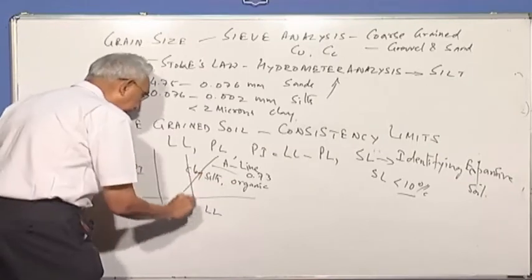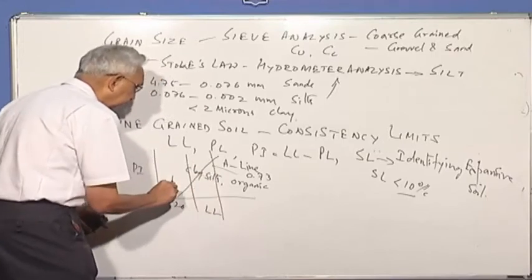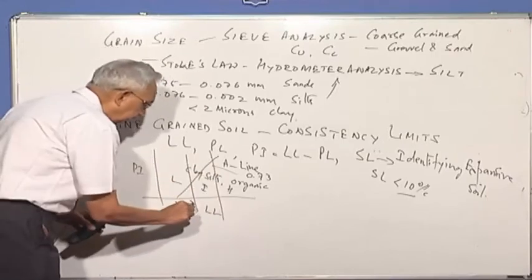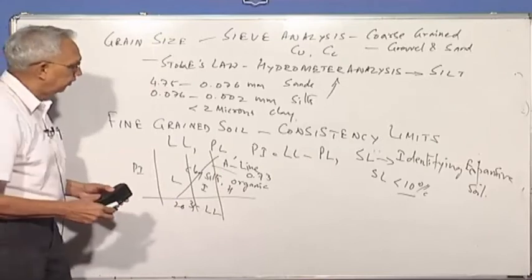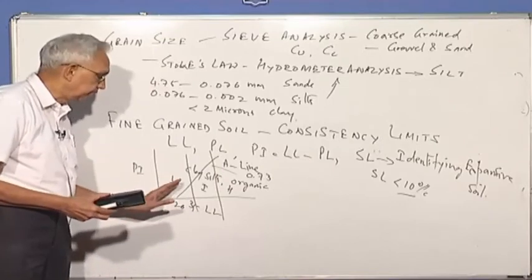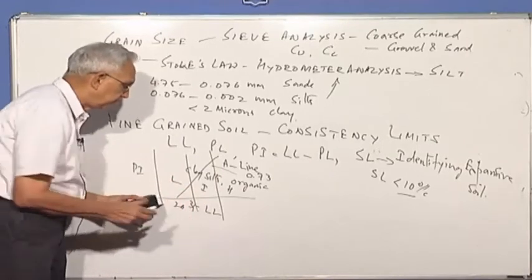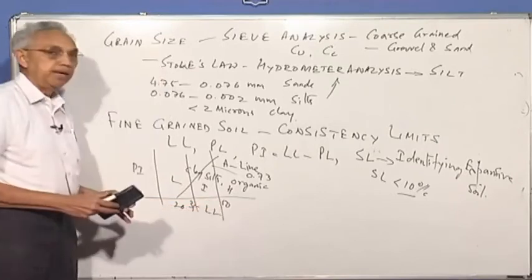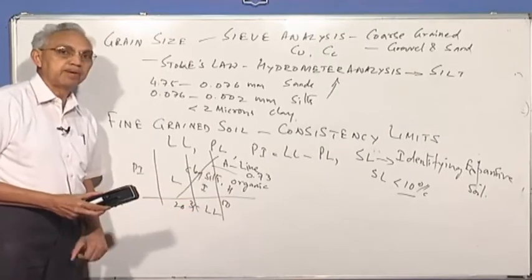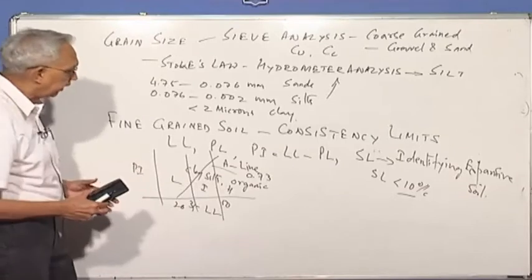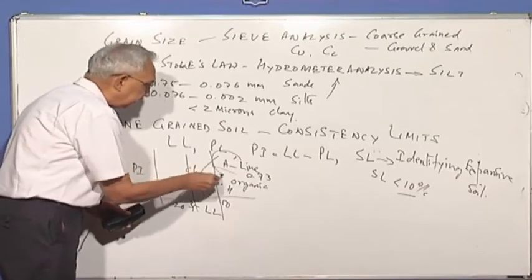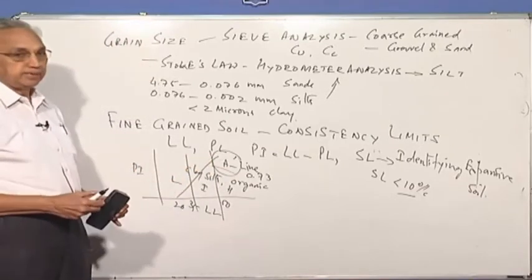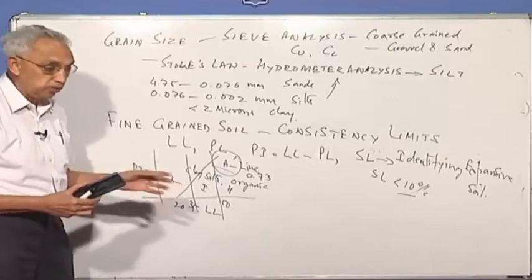We also divided this into 3 zones. If liquid limit is less than 35, we call it low plasticity soils. 35 to 50 is called intermediate, and above 50 is called highly plastic soils. So please remember again, soils in this region can be very difficult to handle, very difficult to compact.